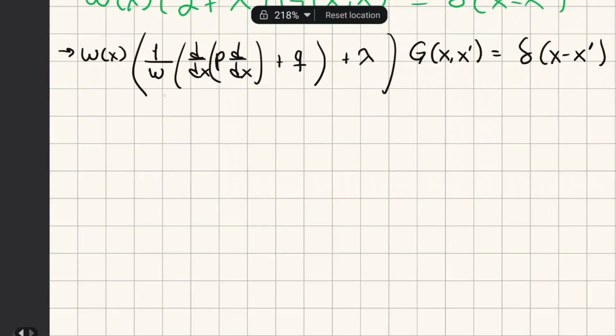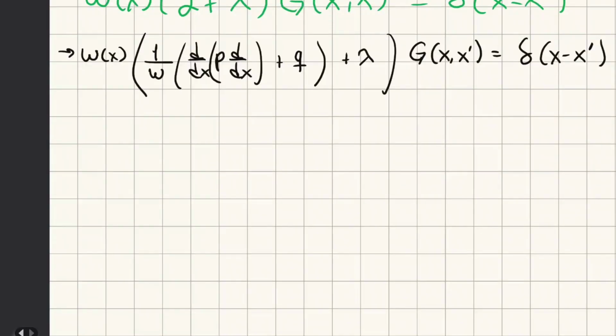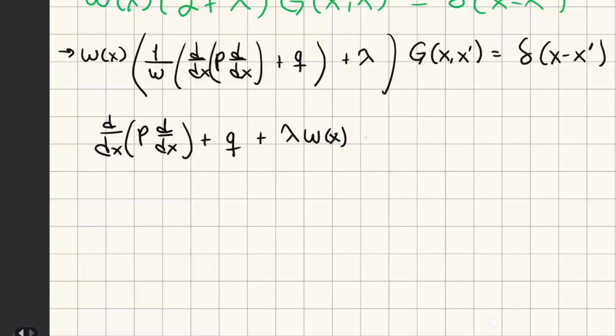Perfect. So if we multiply all this by w, we will get that the derivative with respect to x of p, of the derivative with respect to x, plus q plus lambda w of x, all this times the Green function of x, x prime equals the Dirac delta x minus x prime.